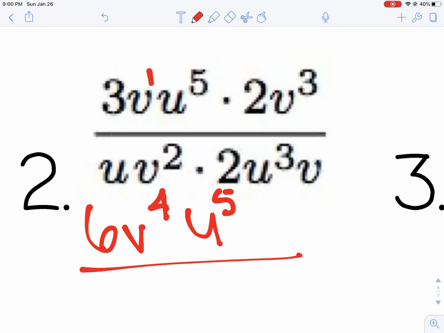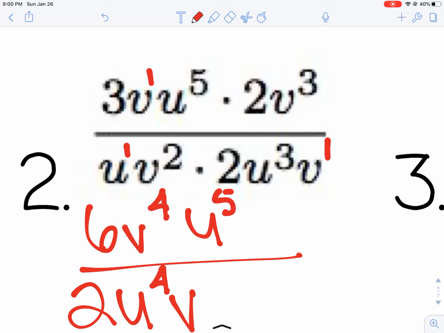Now in the bottom, I have that 2 hanging out. It doesn't have anything to multiply with, so it's going to stay 2. My u's, I have 1 here and 3 there, so total of 4. And then with my v's, I have 2 and then 1 down there, so total of 3.